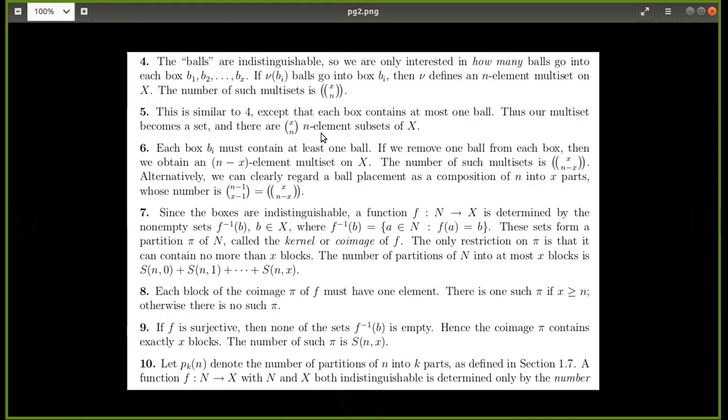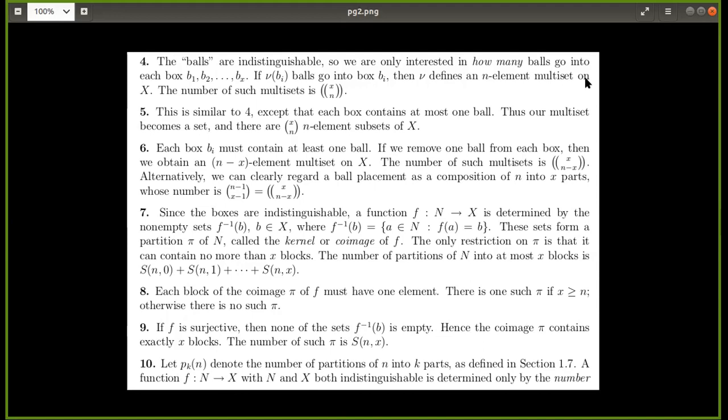So how do you do this? If bi balls go into box bi, then this defines an n-element multiset on the set X. Correct? Yes.